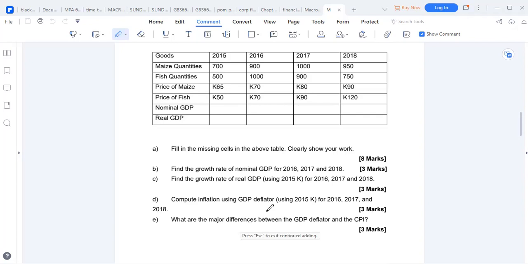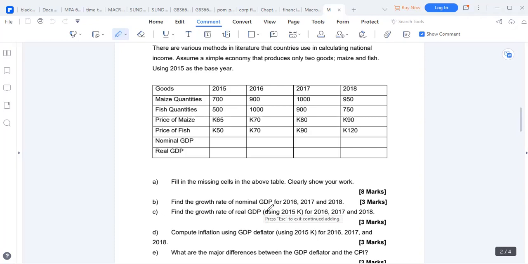Okay, so the first one, I'm going to find the nominal GDP. We are using 2015 as a base year. So we need to find the amount that was raised in terms of national income for 2015.